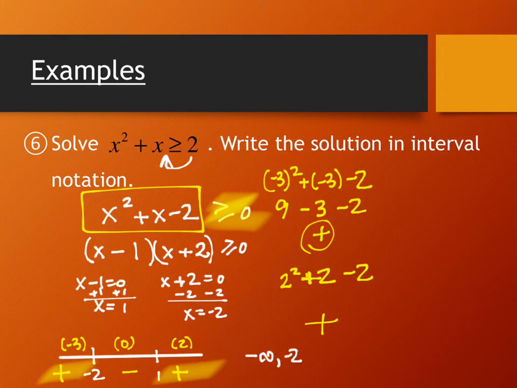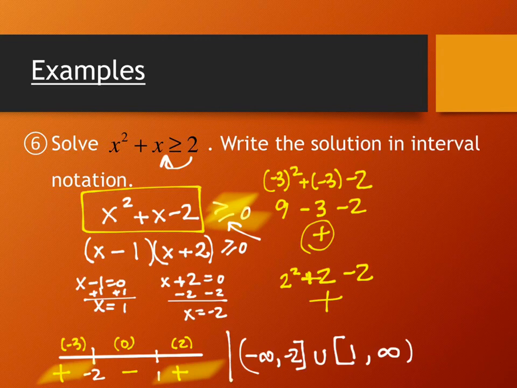It can equal 0, so I get to equal -2. That's what this equal sign here tells me. And then I do a union, and then I have from 1 to infinity. This is my interval of values that satisfy this inequality.